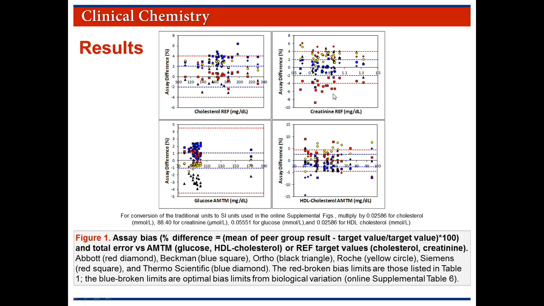Creatinine, quite a few on this platform here, which is the red square, which is Siemens. Glucose over here, we see at the low end, and then HDL cholesterol as well.